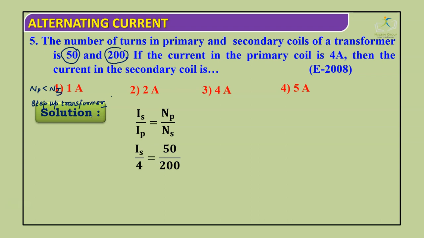IS we have to calculate, and the primary current is given as 4 ampere, and the primary and secondary coil number of turns are also given, so easily we can calculate the value of IS, which comes to 1 ampere. According to this, the correct option for this question is option 1. Hope you understand, and also find out which type of transformer this is. So this is a step up transformer.